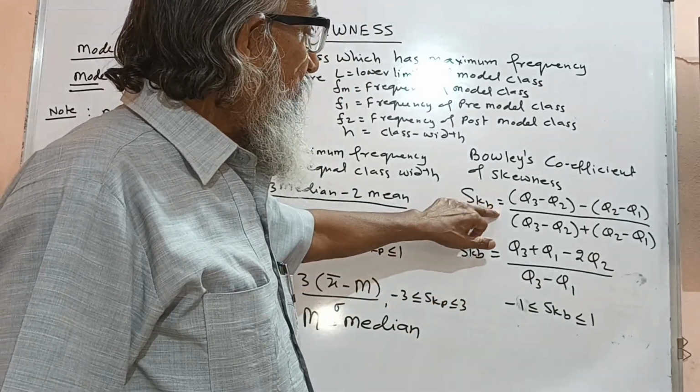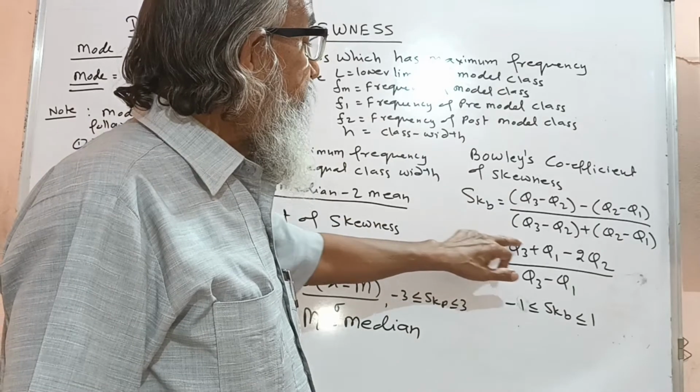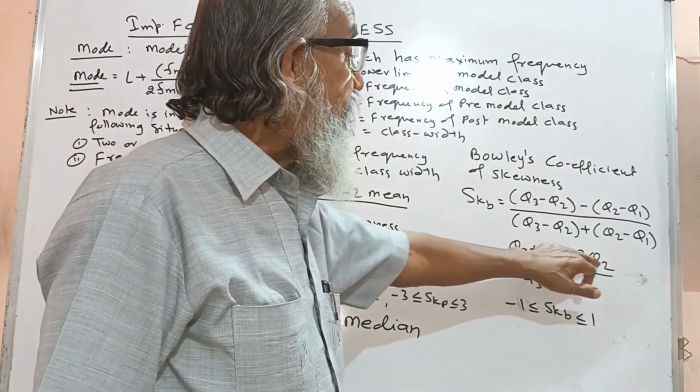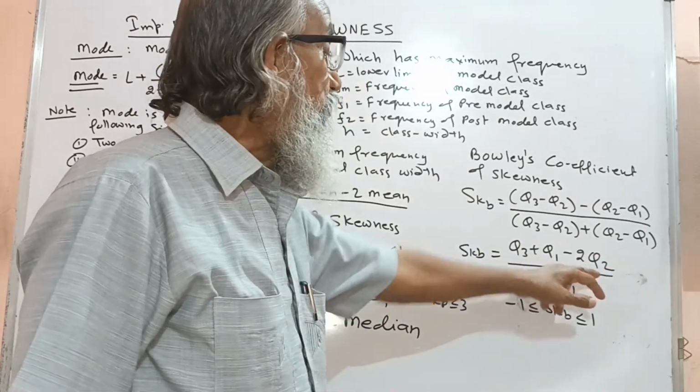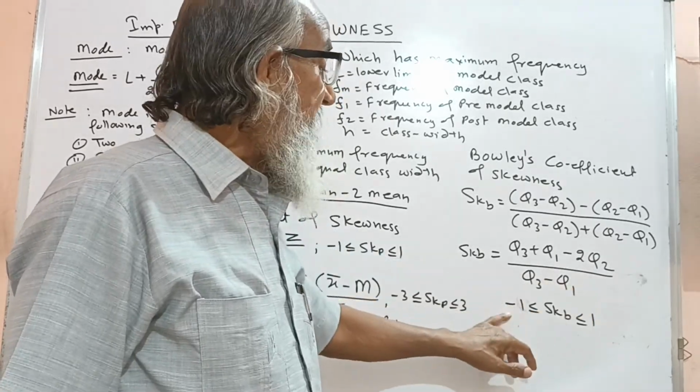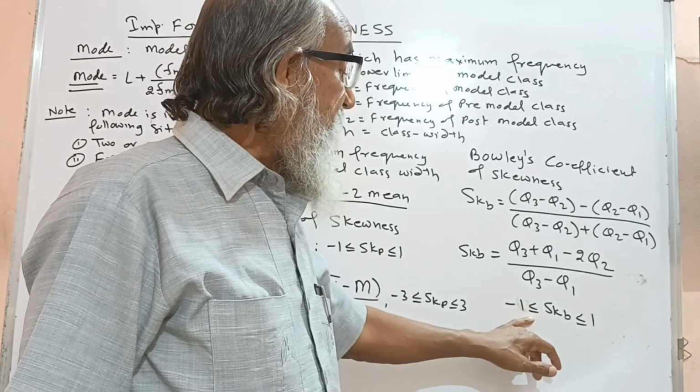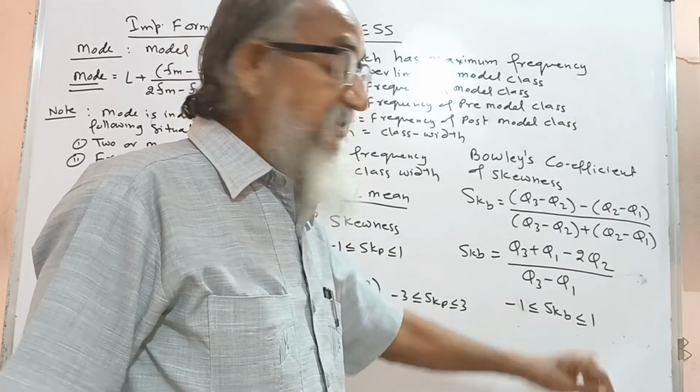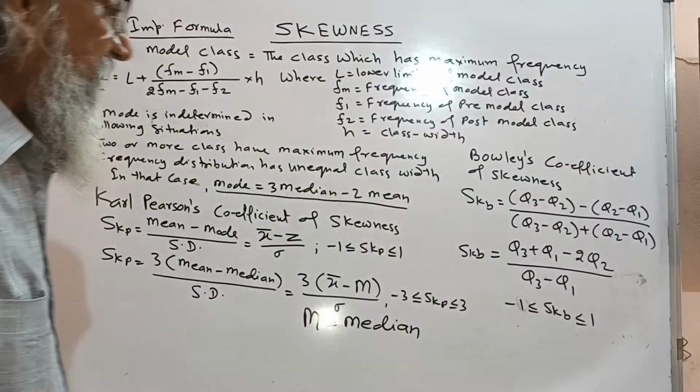This formula is simplified as (Q3 plus Q1 minus 2 Q2) upon (Q3 minus Q1). So this is also such that minus 1 is less than or equal to SKB is less than or equal to 1.